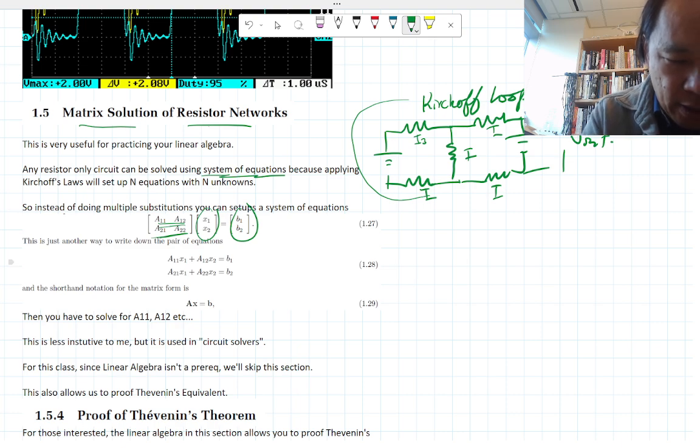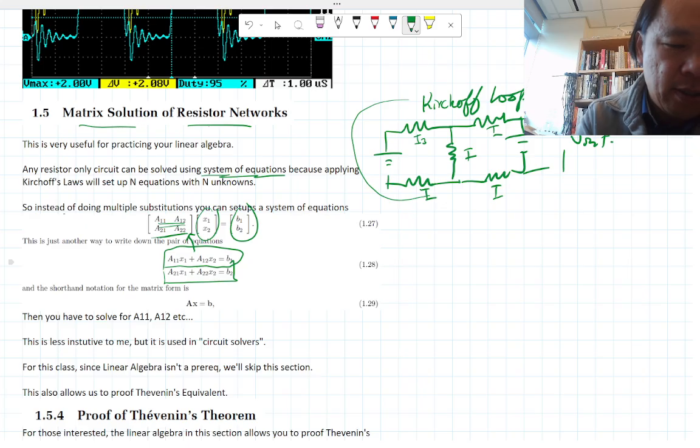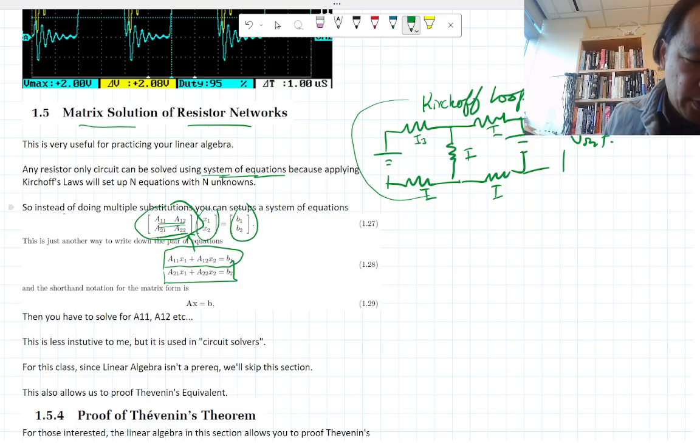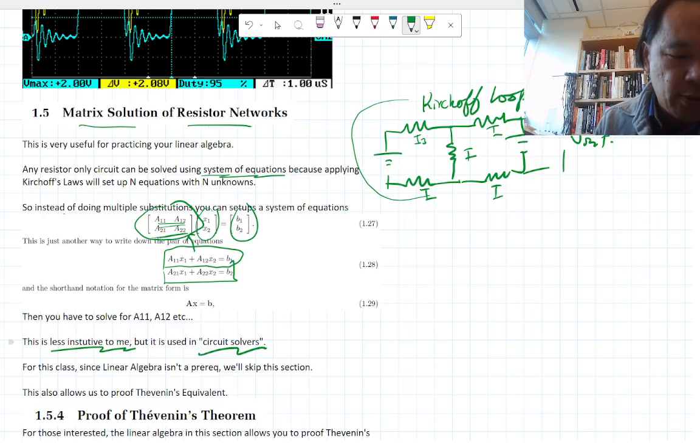Using Kirchhoff's loop rule, you get this equation here and this equation here, but this can be reformulated into a matrix. When you reformulate it into a matrix, you just find the inverse of this matrix, and then you have the solution to your problem. This is much less intuitive, but it's very useful if you were writing some code to write a circuit solver.